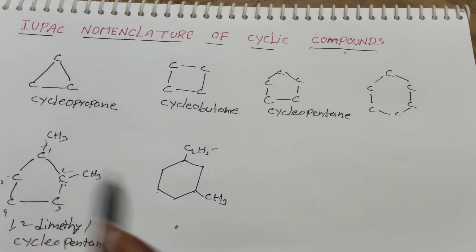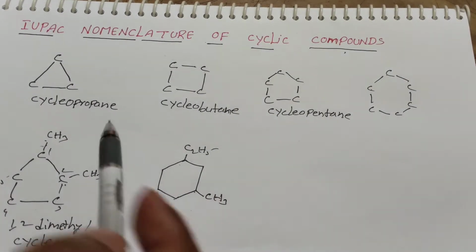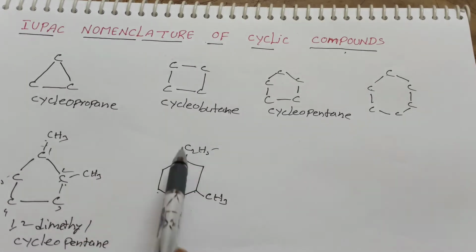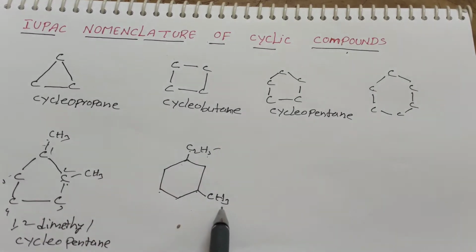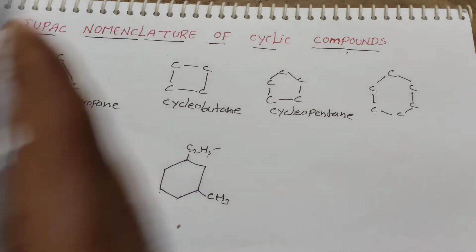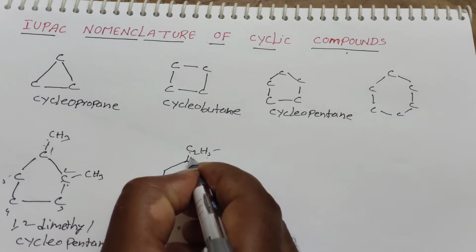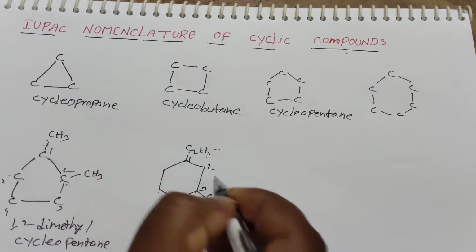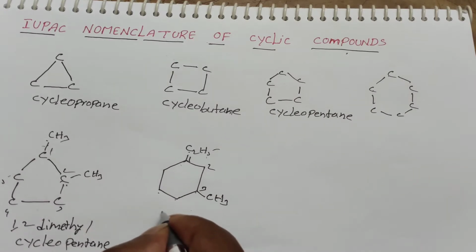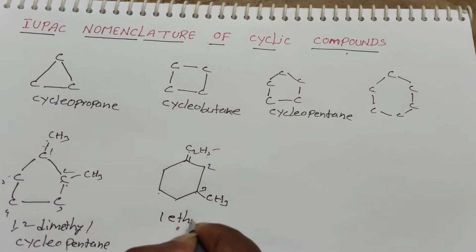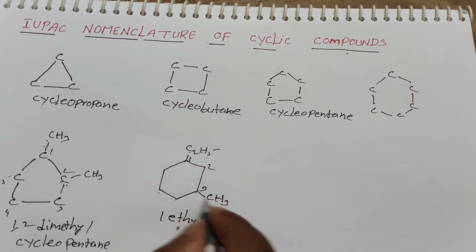So in this case which one do we give the first priority? According to alphabetical order, here it is the ethyl group and here it is the methyl group. E comes first in the English alphabet, that's why I am giving the numbers 1, 2 and 3, and the name of the compound is 1-ethyl, and at the third position there is the methyl group, 3-methyl.